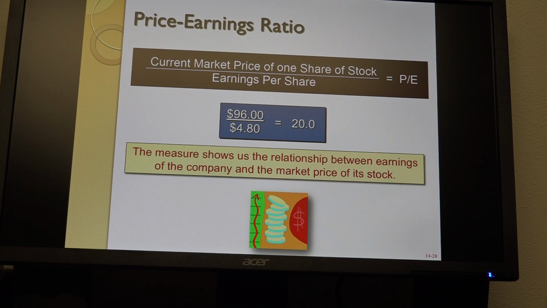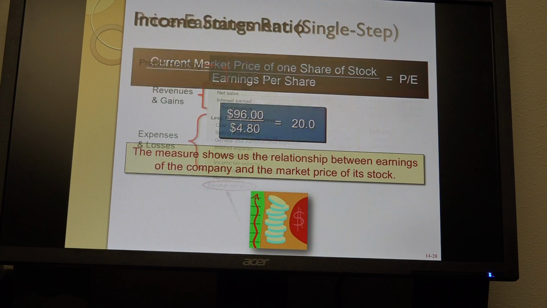And you're going to divide that into EPS, the ratio in the previous example. And so here the higher the price earnings ratio, the better. And so it shows the relationship between earnings of the company and the market price of the stock. You would think that, well, you would want a higher price earnings ratio.